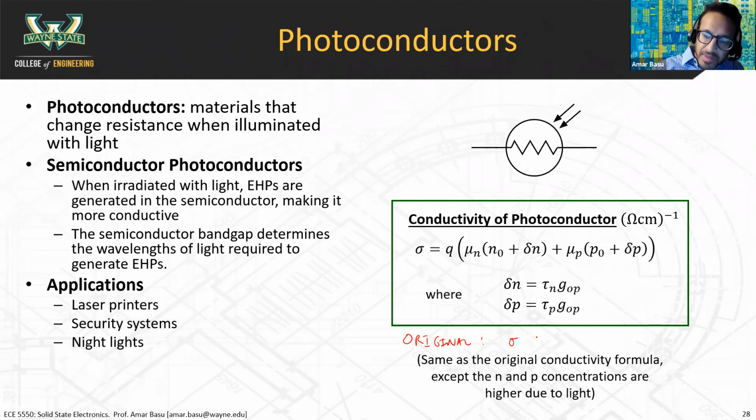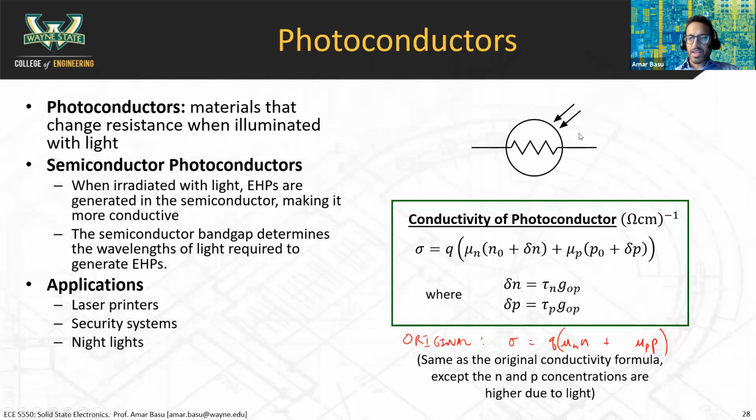It looks like this: sigma is equal to q mu n times n plus q mu p times p. And if you collect the q terms together, it'll look like this. So this is the basic formula for the conductivity of a semiconductor.